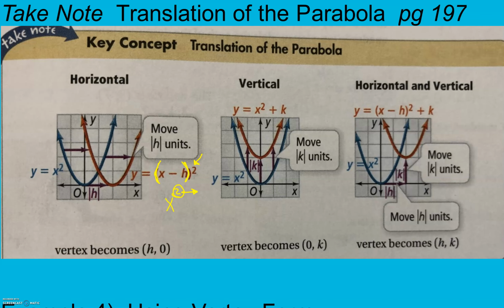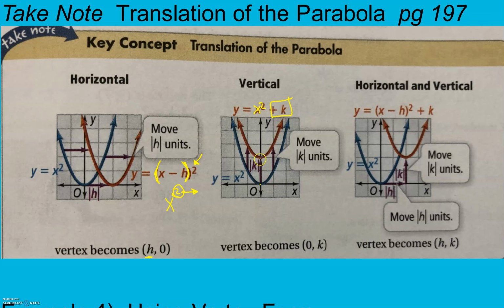Keep in mind, if it's x minus with our function, so the h value is the opposite of what's inside. That minus stays with the x, and that moves our vertex. It moves every point, but it changes our vertex here to whatever our h value is. Vertically, if it's after the fact, we already take our value of our parent function and then change it by adding or subtracting.